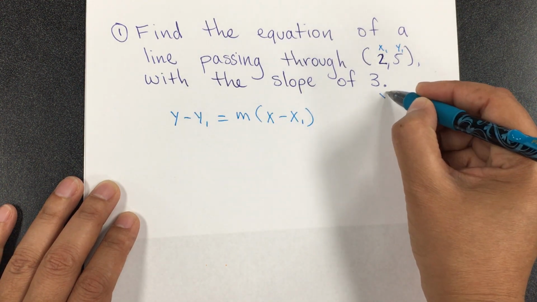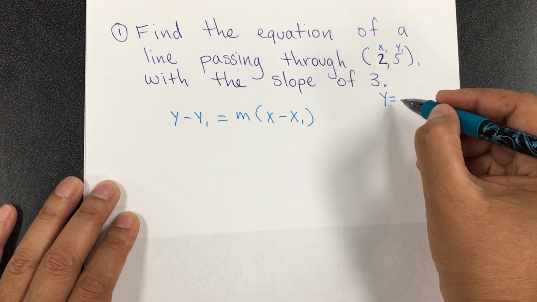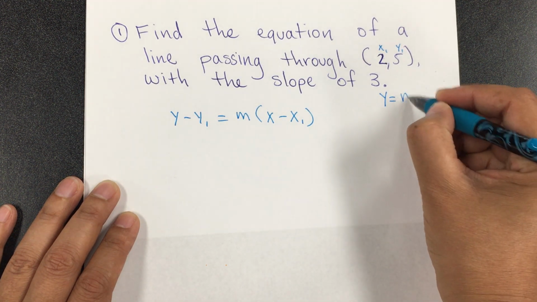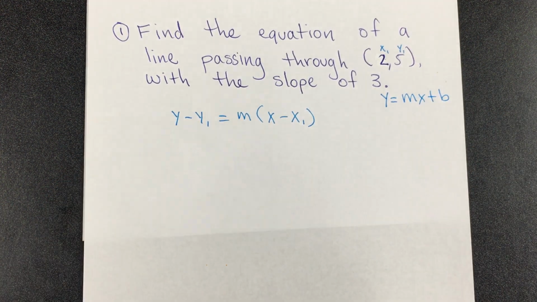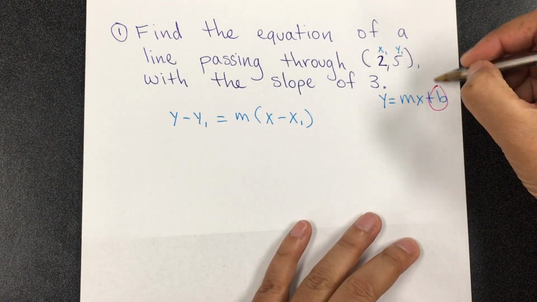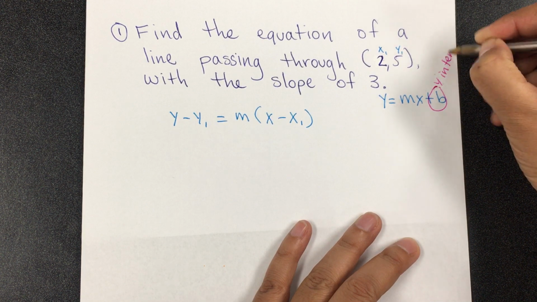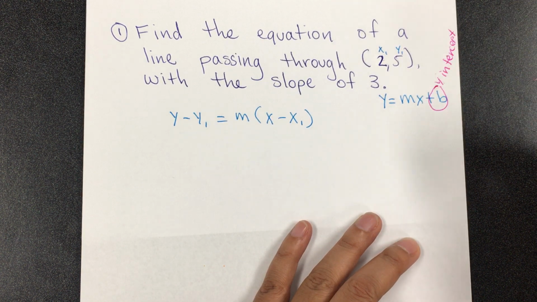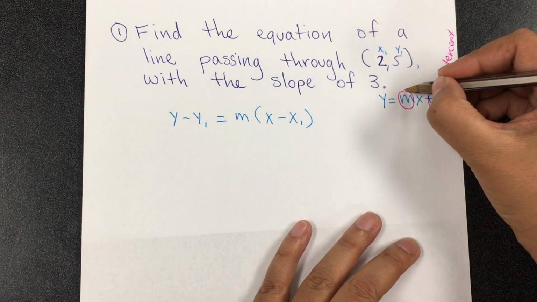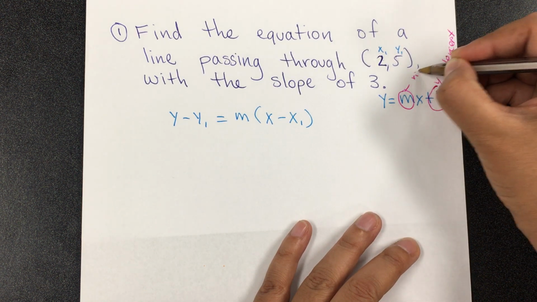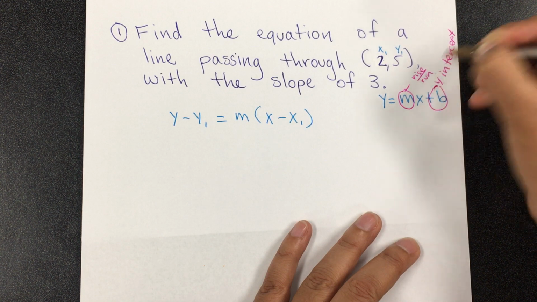It comes from the equation, if you remember the slope intercept, y equals mx plus b, where b represents the y-intercept, which when you're graphing is the initial point or the first point, and the slope represents the rise over run.